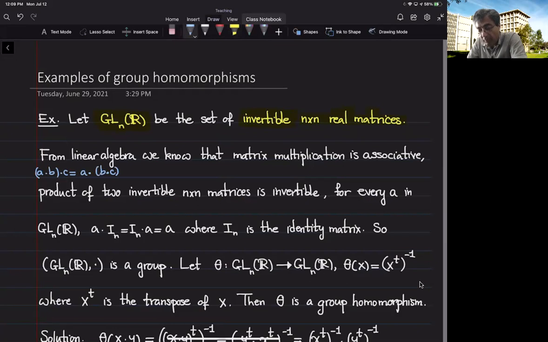And when I multiply two invertible matrices, their product is also invertible. In fact, we can use what we had earlier and realize that B inverse A inverse is an inverse of A times B, because this is going to give us the identity, and similarly the other way around. And therefore, the product of two invertible matrices is always an invertible matrix.